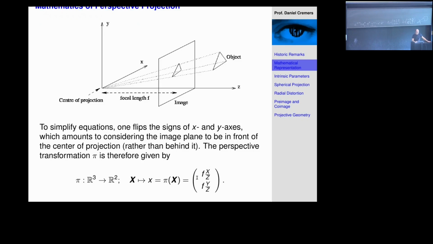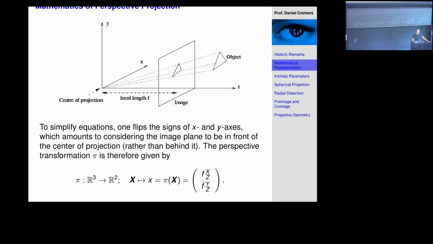And what it basically says is that we see a projection onto the screen where we have this foreshortening, that basically the coordinates get reduced. So if you have a certain, let's say, y-coordinate here, then in the projection you have a slightly smaller y-coordinate, and it depends on basically the distance from the screen. The higher the distance z from the screen, the smaller the object appears on the screen.